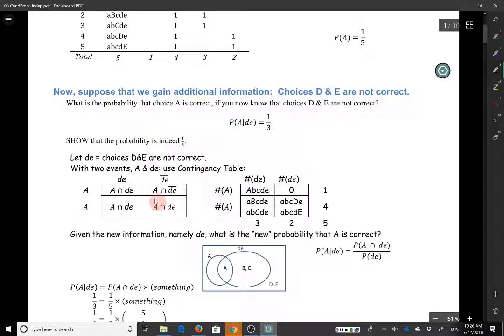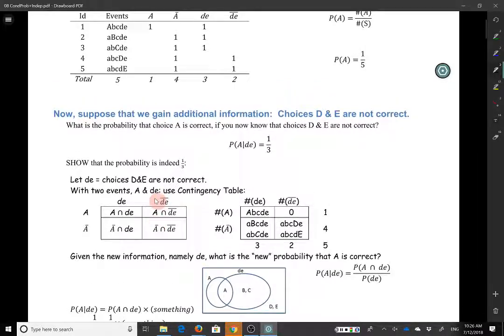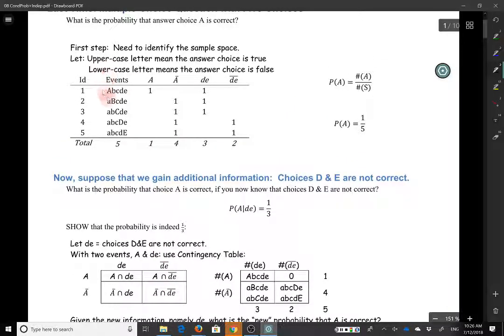This is sort of our vision, where we would like to end up. How do we get there? We have to have some representation for our sample space and events. How do we represent an event? Here, let's use a notation where the uppercase letter means that the answer choice is true, and the lowercase letter means that those answer choices are false.